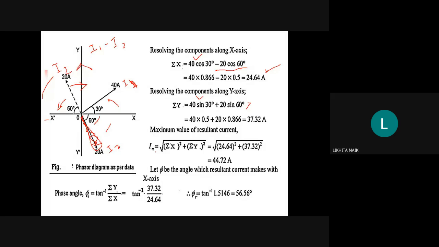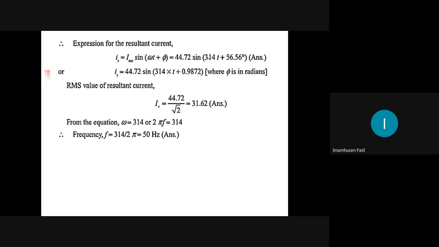All of you got the answers? So we have to find the RMS value in the problem, and you have to represent it in standard format. This is the maximum value. This is the RMS value. And frequency also you are supposed to find out.